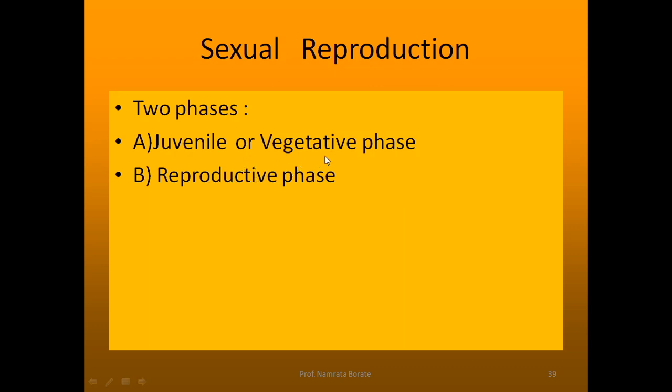The end of the juvenile or vegetative phase marks the beginning of the reproductive phase. This can be easily seen in higher plants at the time of flowering, as the flower is the specialized reproductive structure of a plant in which sexual reproduction takes place.